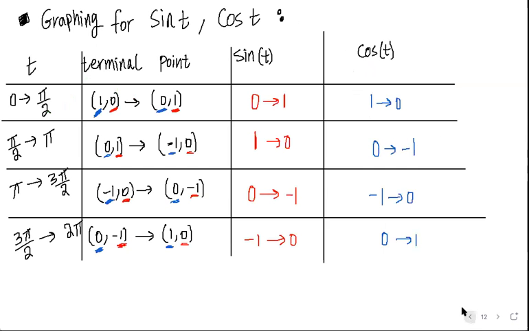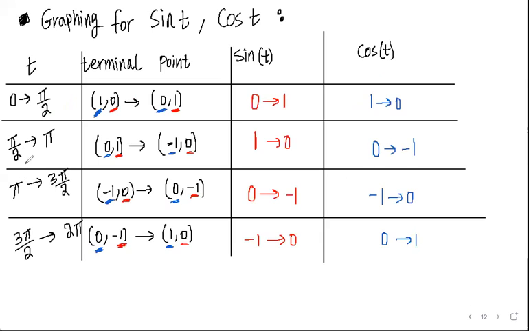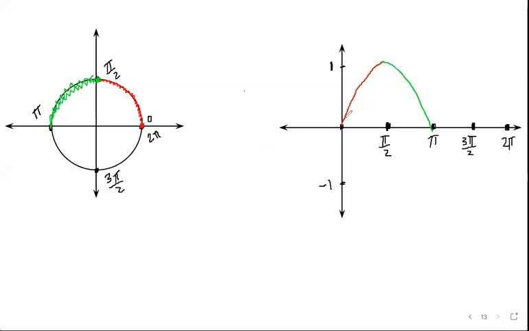Why? From the table, go back to the table. From pi over 2 to pi, the sine function is from 1 to 0. The value from 1 to 0, this is the sine t function.